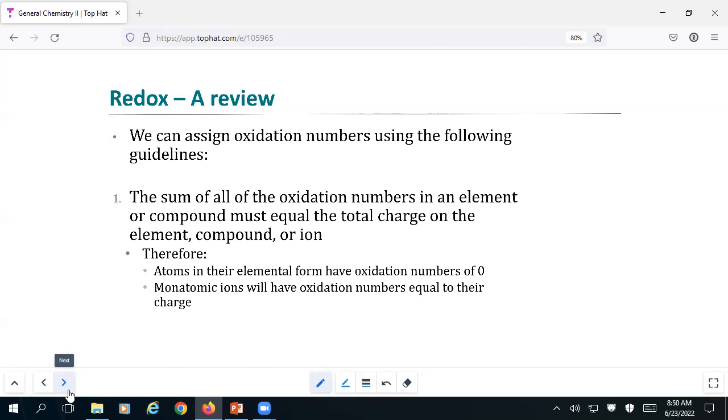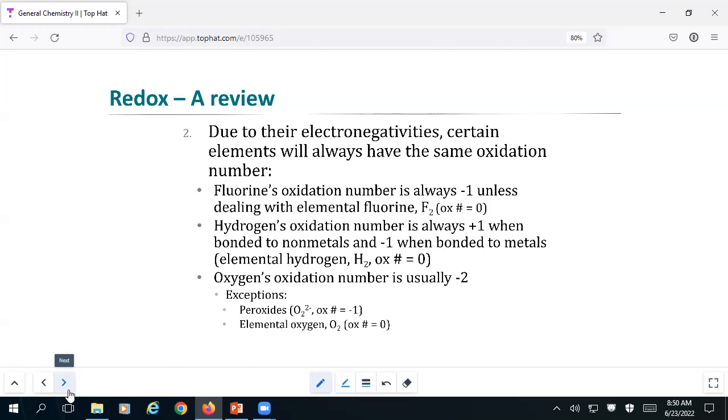Now, the other guideline is also important because it helps us to smooth out when we don't know what to do next. And these are the common oxidation states. So, fluorine.